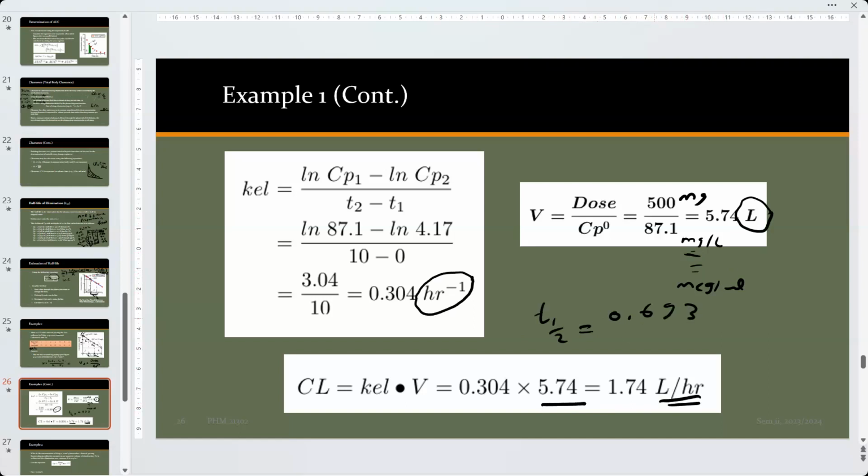If you forget this value, remember ln 2 is 0.693, divided by K. So equal to 0.693 divided by 0.304. So it's almost something like 3, 3 point something. And the unit will be hour, because K is to the power -1. Okay?